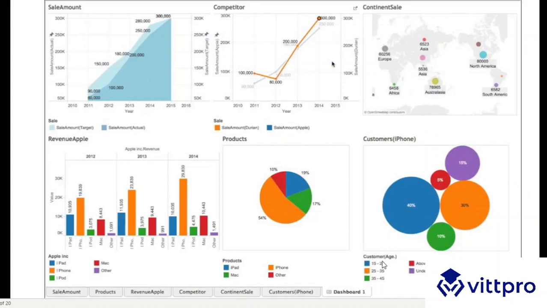You can say customers use the iPhone at what age range: 40% are between 15 and 25, 25 to 35 is 30%, 35 to 45 is 10%, under 15 are very few, and above 45 is very few again. This is another type of diagram to show how different age ranges use Apple. They can use a histogram as well, or this type of diagram, which is more visually appealing.